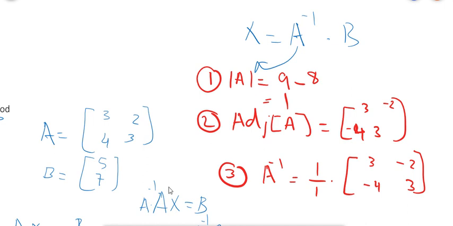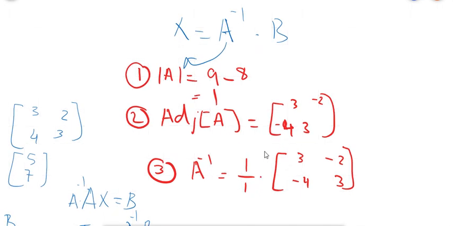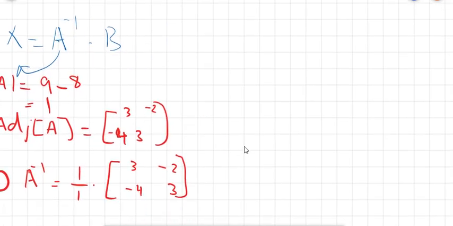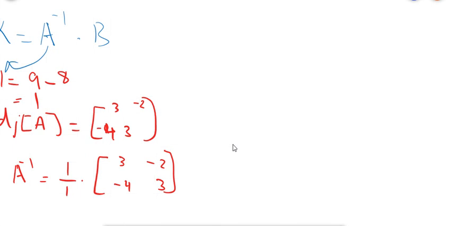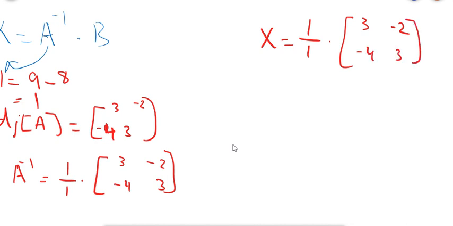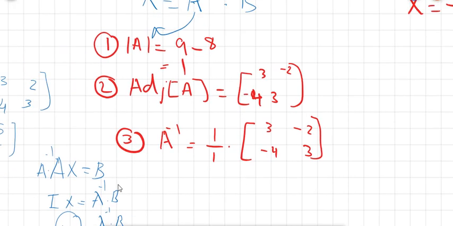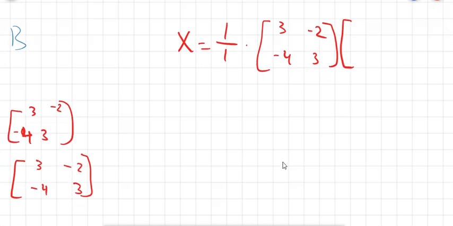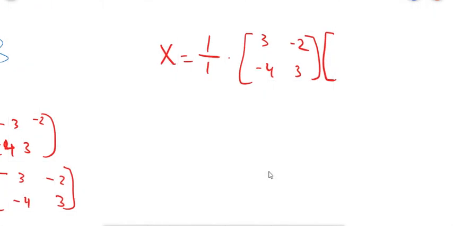Now let me multiply it. So here X will be equal to 1 over 1 multiplied by the matrix 3, minus 2, minus 4, 3, multiplied by B, 5 and 7.